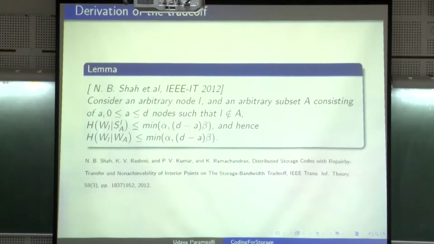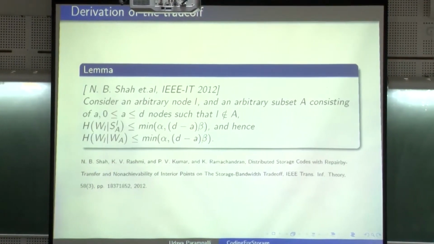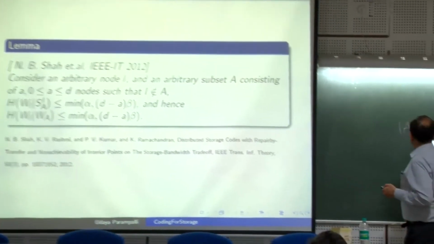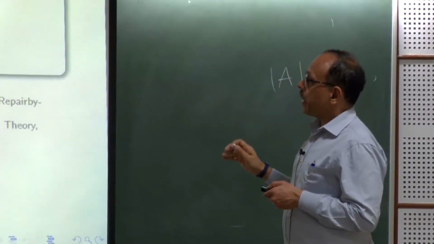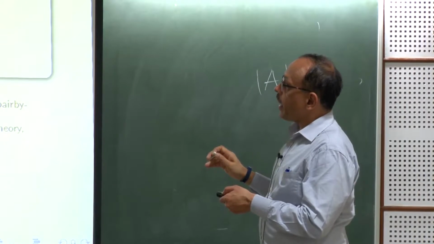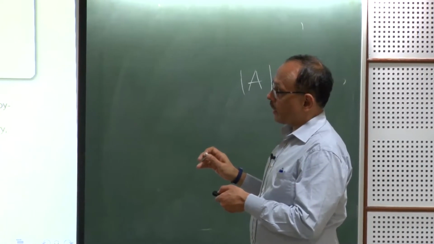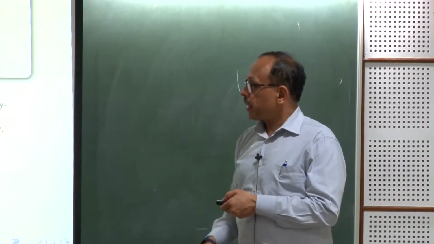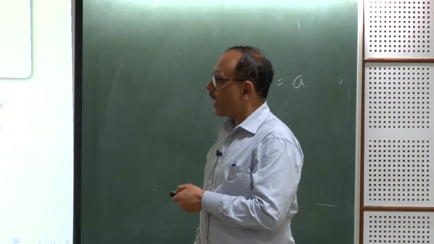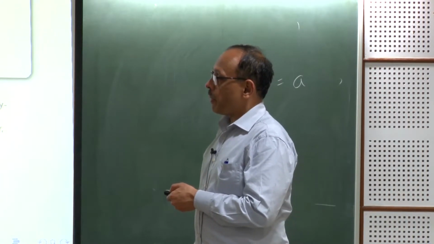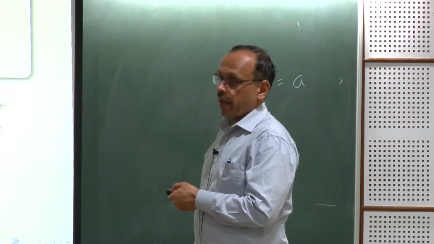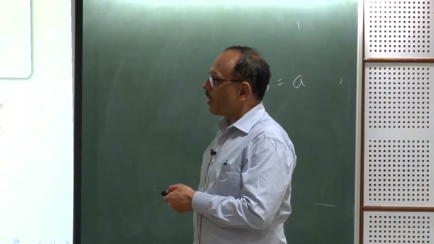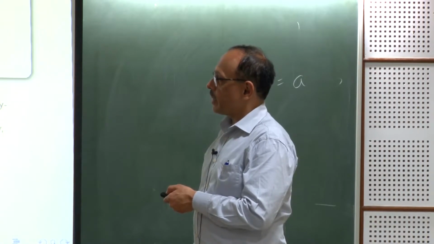Now, we can probably understand this a bit better with this modeling. Consider an arbitrary node L, and take an arbitrary subset A of size small a, where a is between 0 and d nodes, such that L does not belong to A. Then the entropy of W_L given S_A^L is always less than or equal to min of alpha and (d minus a) times beta. S_A^L is all the variables in W_A.